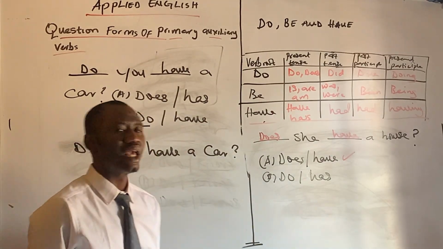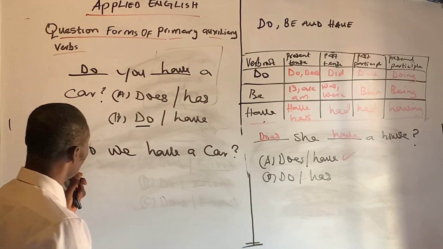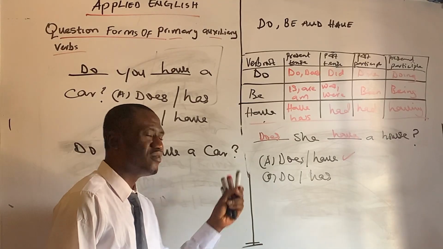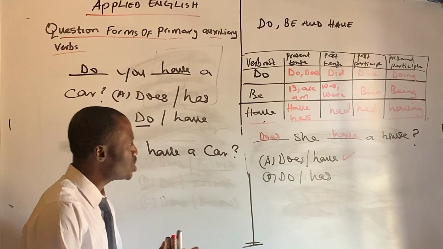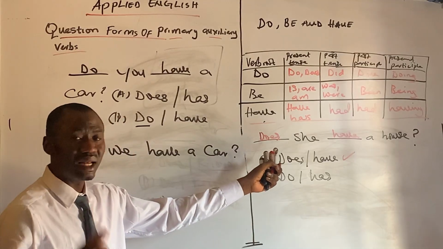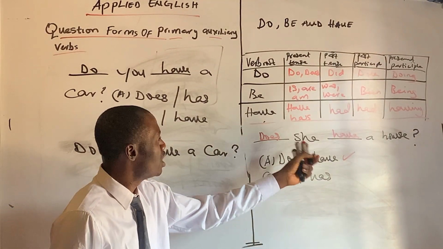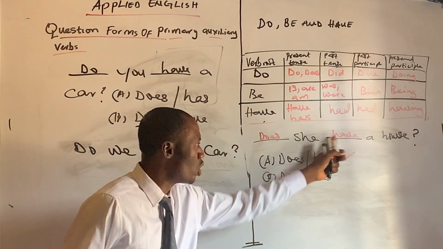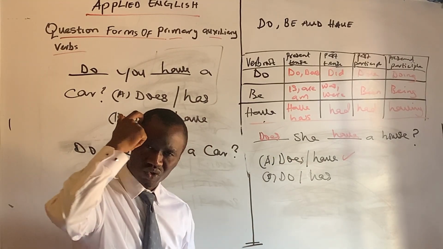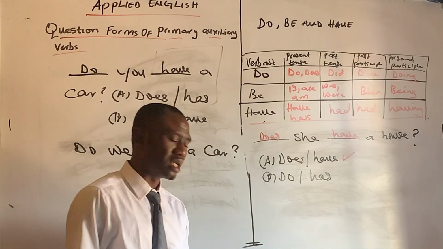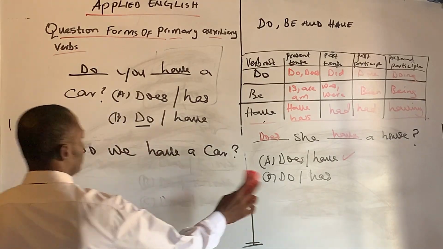Those are used in question form. So, do we have a house? Understand these things, because the questions might come in the form where they take away the two of those, or they take away one of those and ask you to supply the answer. All right, let's go to the next one.